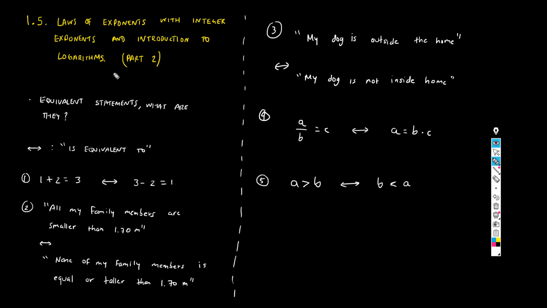So in order to understand the concept behind logarithm, I want to explain to you the concept of equivalent statements in mathematics or in logic, basically. So what is an equivalent statement? Well, first, let me introduce to you this new symbol that we're going to use a lot from now on.